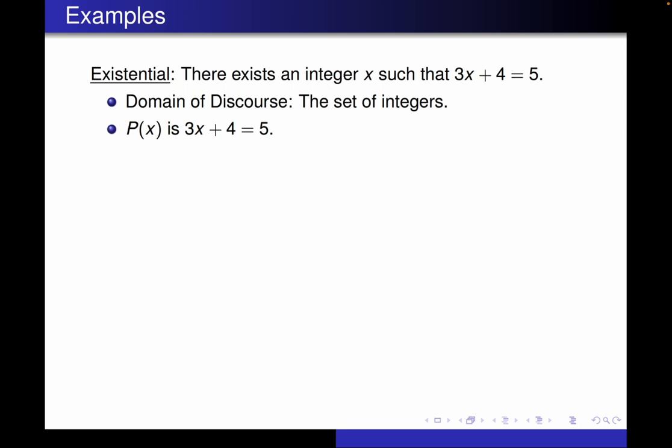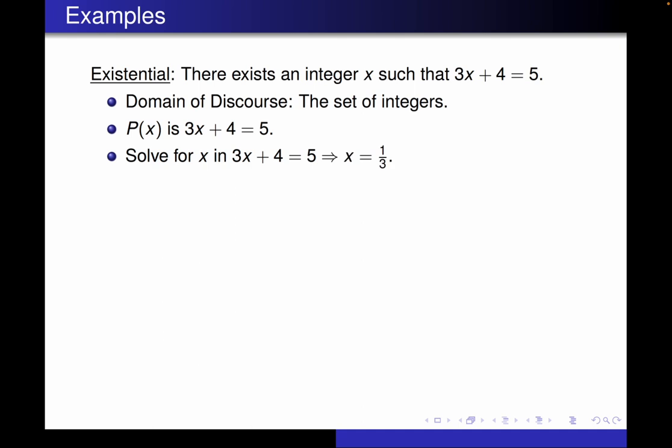Note that that is a sentence. 3x + 4 is our subject, equals is our verb, 5 is our object. And even though 3x + 4 isn't a statement by itself, our domain of discourse is the set of integers, and if we plug any integer into that equation, it will become a statement. In order to figure out whether our existential statement is going to be true or not, we're going to solve for x in 3x + 4 = 5.